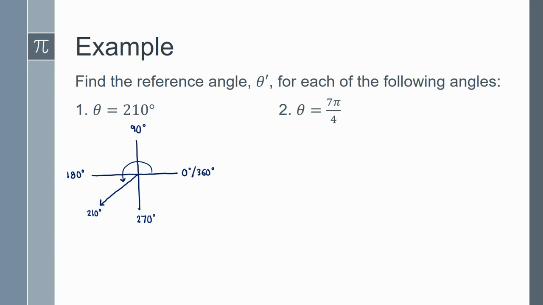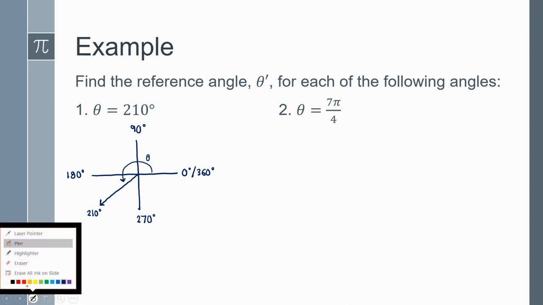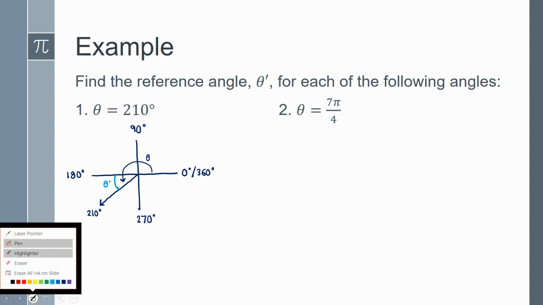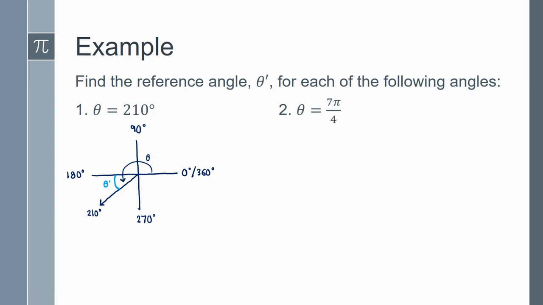So once again, that's theta. My reference angle, let me change colors here, is going to be this little tiny acute angle. This is what I need to find. So if I'm trying to figure out how to get that reference angle, which is a positive acute angle, well, when I'm in the third quadrant, that number of 210 is a little bit bigger than 180 on the x-axis.